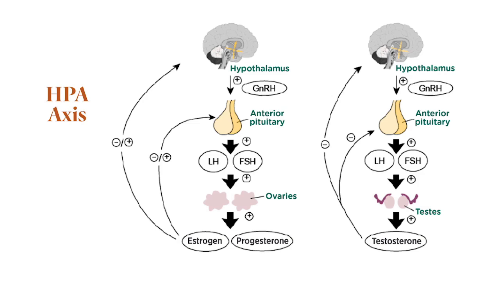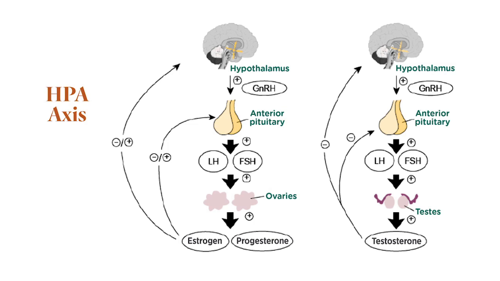The hypothalamic pituitary gonadal axis, or HPG axis, refers to the interplay of, well, you guessed it, the hypothalamus and the pituitary with the gonadal endocrine glands, the ovaries in females and the testes in males. This axis controls development and reproduction.